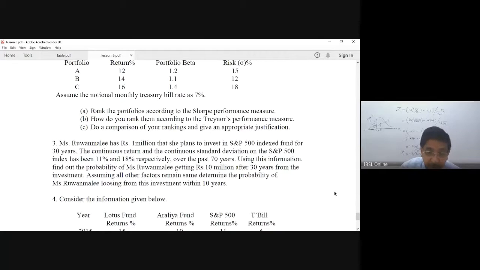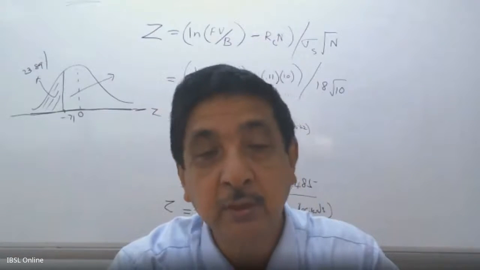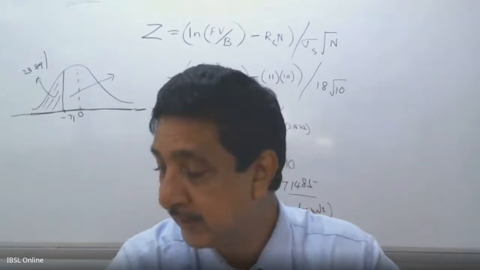During the break, you can see how you can apply these things into the model and how you arrive at the probability of Ruwanmali having 10 million in 30 years. Right. Then I will just break for 15 minutes. We can just continue with our discussion.